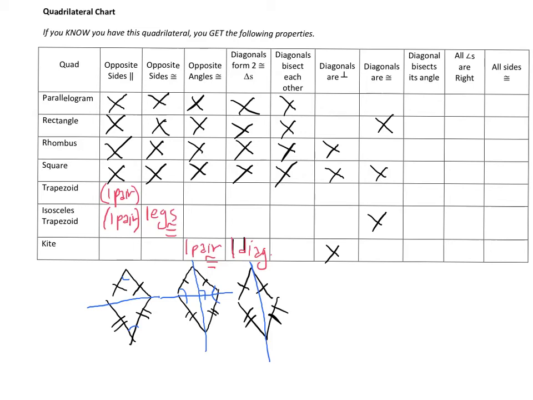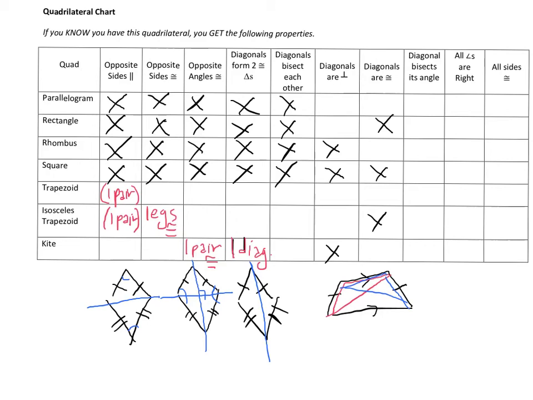If I were to draw my isosceles trapezoid with the two parallel sides and then there's the two congruent sides here, I can kind of show this by drawing some congruent triangles here. It's a little messy, but I hope you can see that there's that blue triangle and that red triangle, and the diagonals are the ones that cross right in the middle.